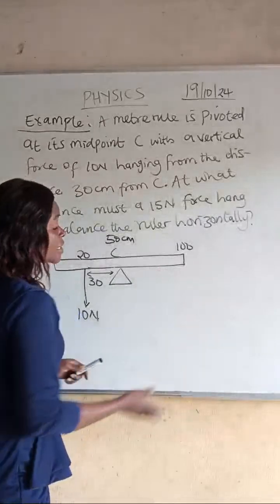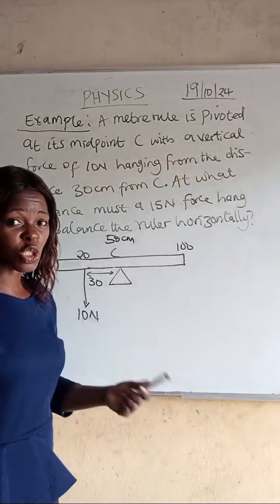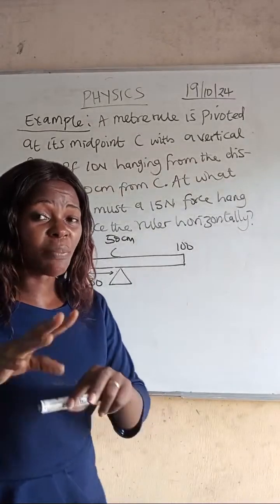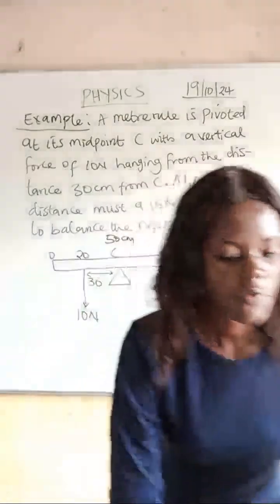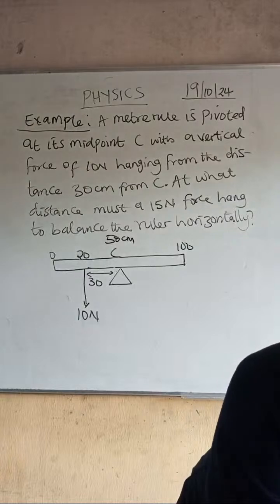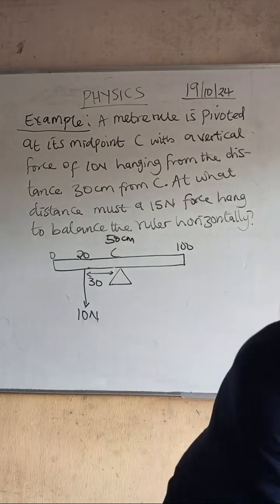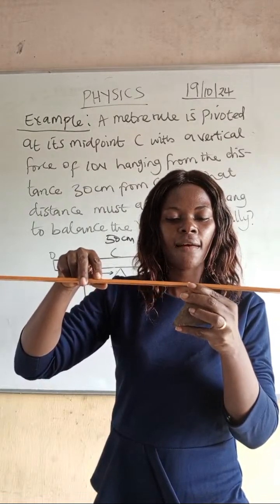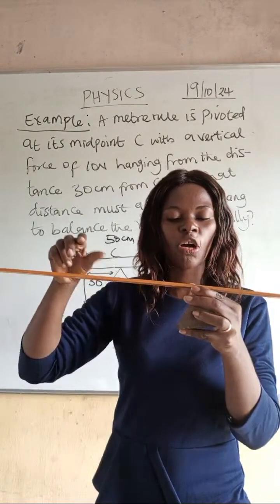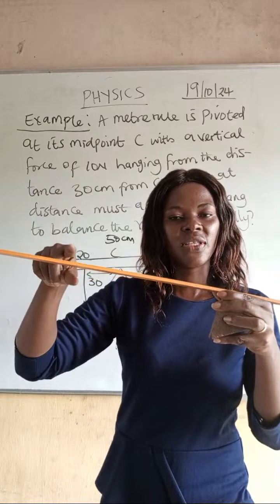Now we have another force on the other side, because I've shown you an illustration. If we hang a particular mass on one side, it's going to move this side, right? For example, this is what I mean. This is my 50, that is the center of gravity or the midpoint. You see, it's floating.